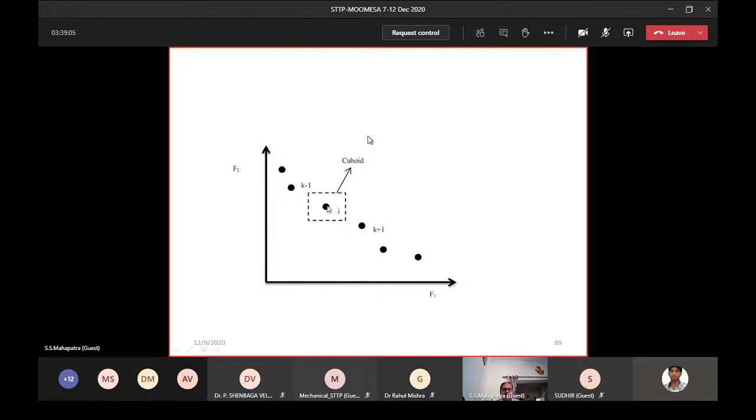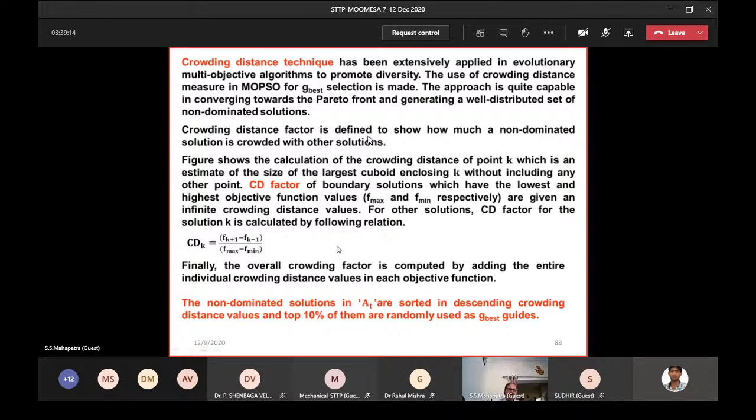For example, we will find the crowding distance for this one. The crowding distance is given by the difference, that is f1 of k plus 1 minus f1 of k minus 1, divided by f max minus f min. This will give the crowding distance. If the crowding distance is more, there are more diverse solutions. So we arrange the solutions based on this crowding distance.